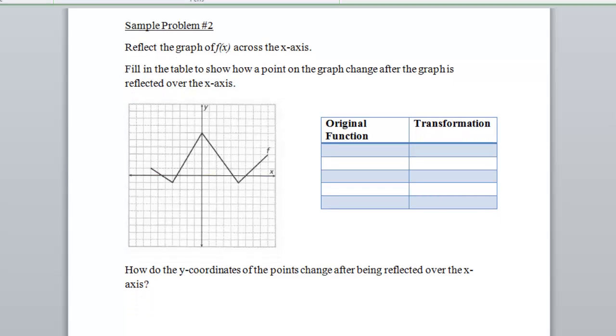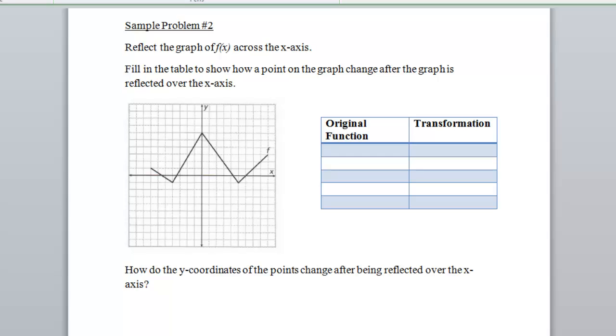In sample problem number 2, we've given you kind of an abstract figure, if you will. We've got a handful of segments connected together at points that we could consider vertices, and it doesn't make up anything in particular, but we want to reflect this across the x-axis. And so what that means is we want to create a mirror, if you will, a point opposite the given points on the other side of the x-axis.